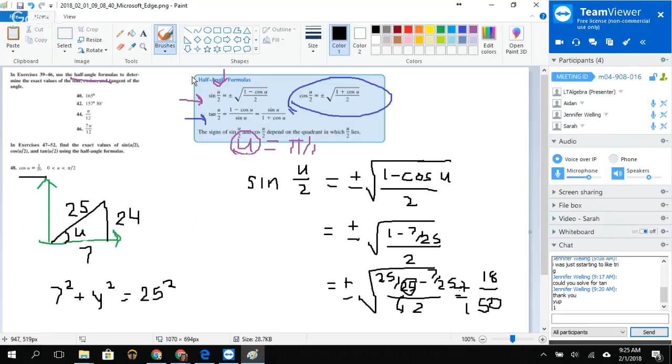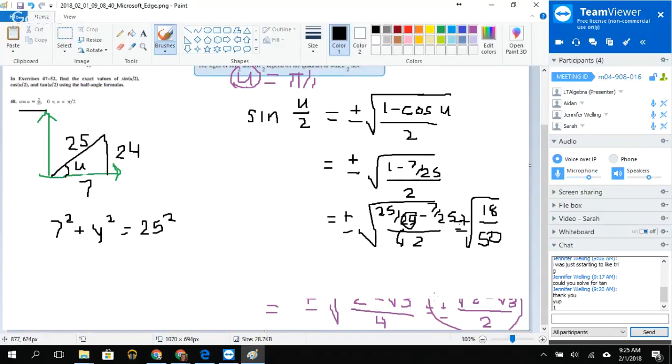So we have the square root of 18 over 50. Thankfully, those both share a 2 in common, so I can say that this is plus or minus the square root of 9 over 25, which is plus or minus 3 over 5. So the sine of u over 2 is plus or minus 3 over 5.